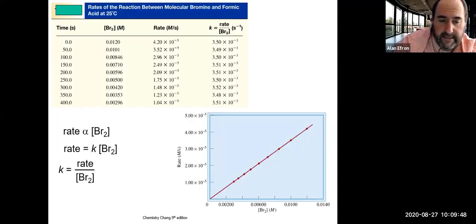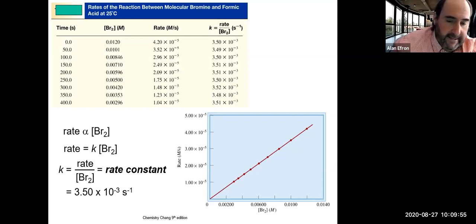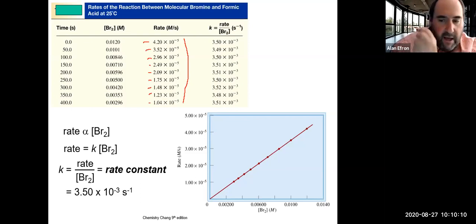Now, when we take a bunch of information like here, there's a couple of things that we see. We do see this rate, or instantaneous rate, happening, and we do get some different numbers along the way. This is a snapshot of time when the rate is happening. But there is a relationship that tells us a constant value in terms of how fast it's happening, and that is the little k.